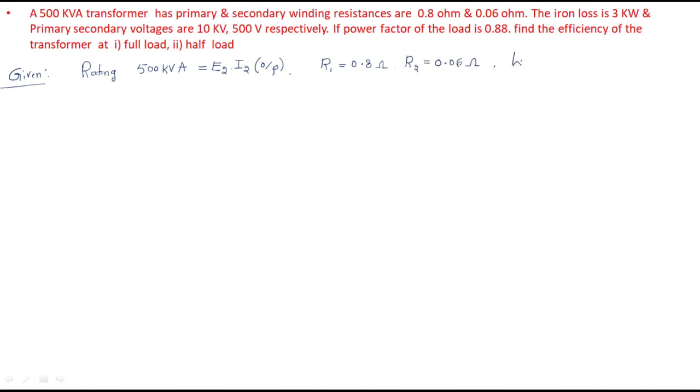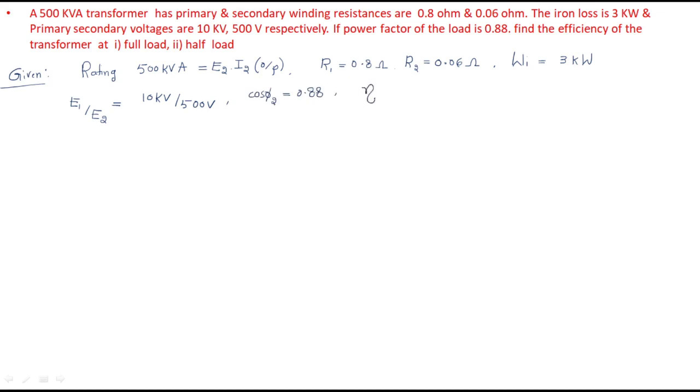The iron loss Wi is given as 3 kilowatts. The primary and secondary winding voltages are 10 kilovolts and 500 volts, so E1 by E2 you can take. If the power factor of the load is 0.88, that is cos phi 2 equal to 0.88.